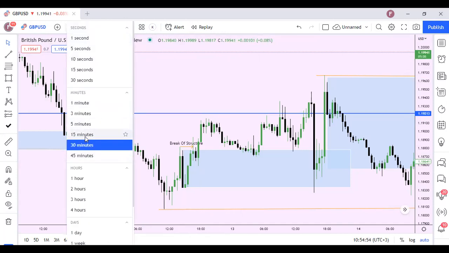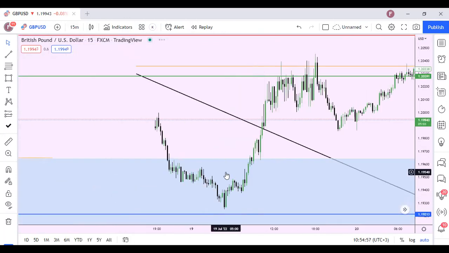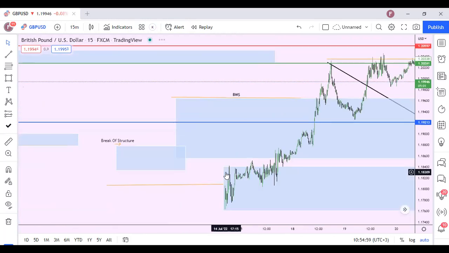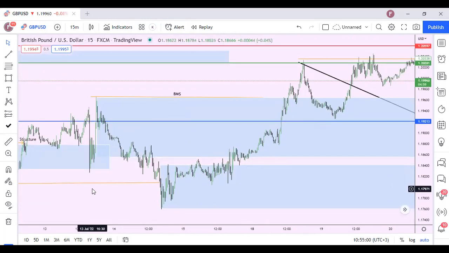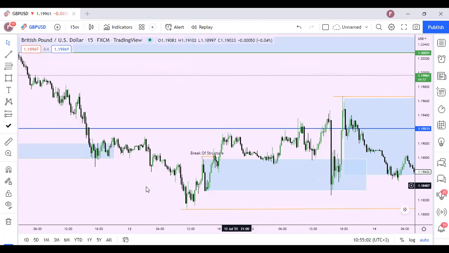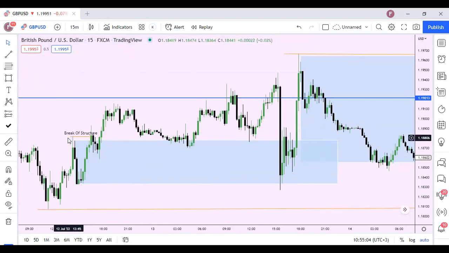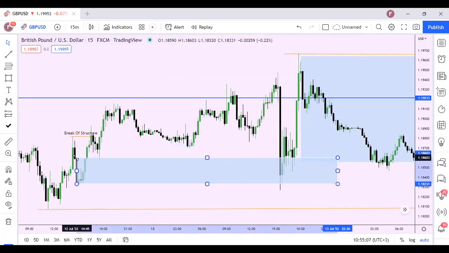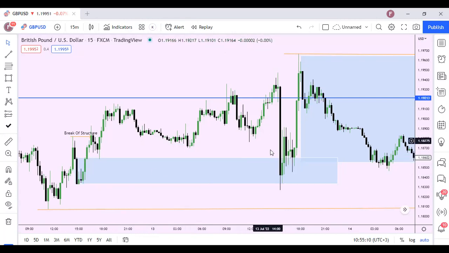Let me just change the time frame to 15 minutes. When I refine it to 15 minutes, this will be the last bearish candle before the bullish movement. This one. So when the price does hit this low, you are going to place a buy order.